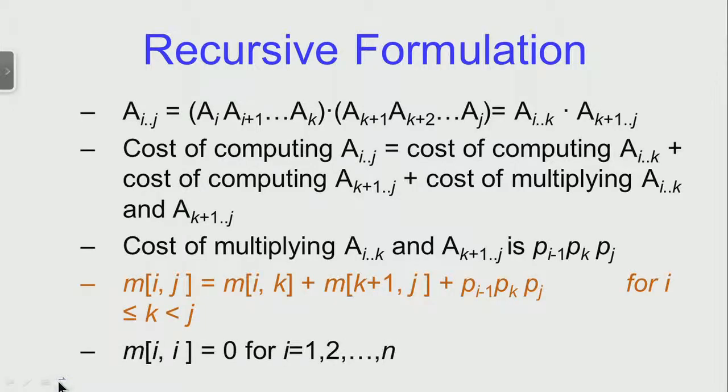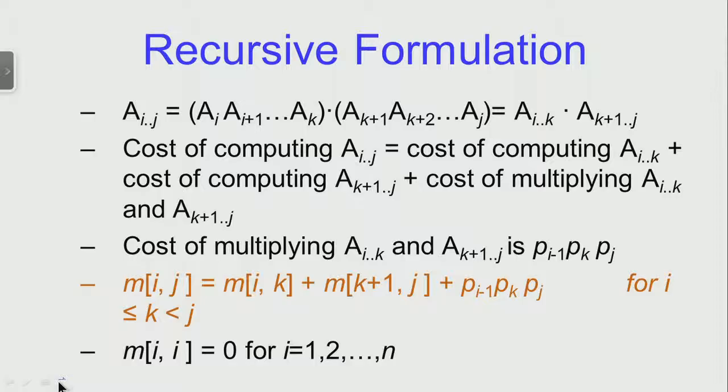So, we specify the recurrence now completely, which says that the minimum number of scalar multiplications for multiplying the chain Ai to Aj is equal to m[i, k] plus m[k plus 1, j] plus p(i minus 1) multiplied by p(k) multiplied by p(j), for k between i and j.